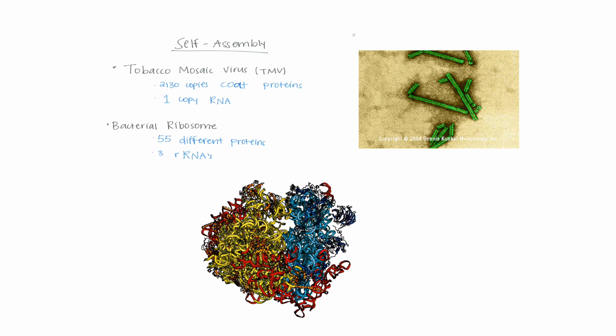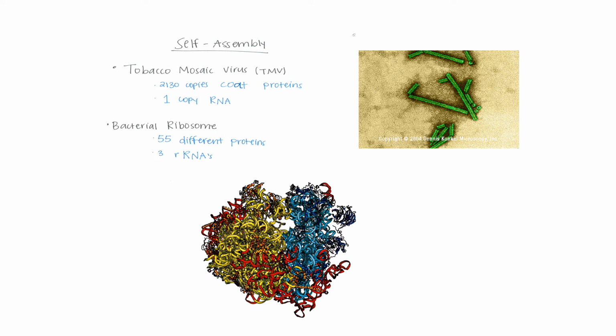Believe it or not, the same thing is true if you take the 55 individual proteins in individual test tubes and then mix them together in the presence of the 3 ribosomal RNAs in water, because water is important. The ribosome will self-assemble and be able to carry out protein synthesis.